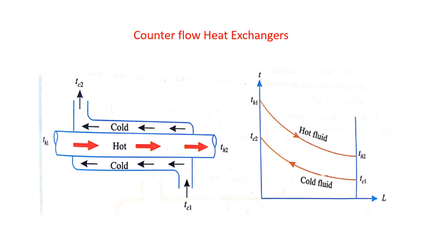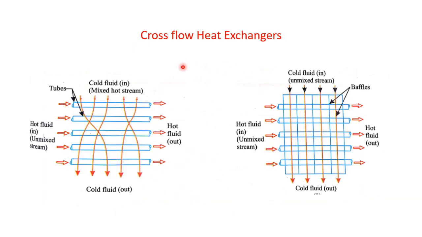Next type, the last one, we will study cross flow heat exchangers. In these cross flow heat exchangers, both the hot fluid and the cold fluid are moving at right angles to each other, or perpendicular to each other. Here you can see the hot fluid unmixed stream we have shown.